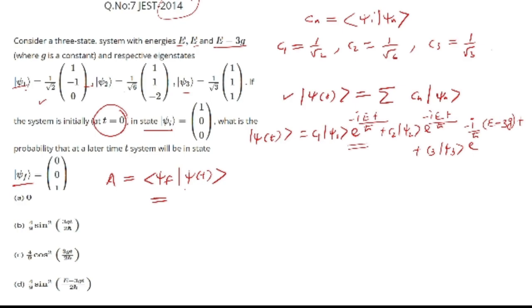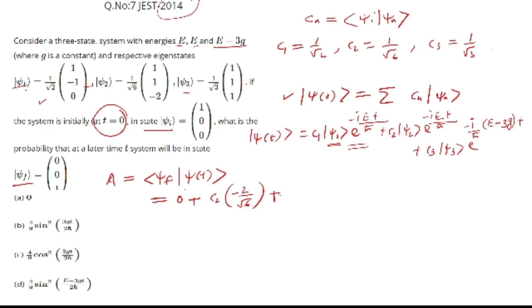Now the actual result: for phi 1, which is 1 minus 1 0, if we do the inner product with these two, it gives 0. So the first term is 0. The second term is phi 2, which is 1 1 minus 2, so it gives only minus 2. Therefore it will be C2 times minus 2 divided by root 6.